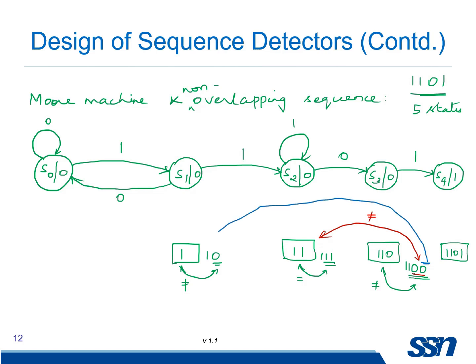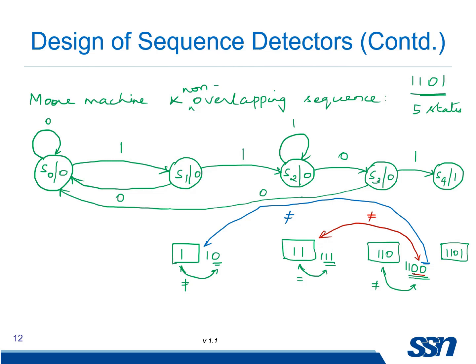The last bit is compared with this. Here again this is not equal. So for the input condition 0, we move to the initial state itself. As nothing was equal, we move to the initial state.